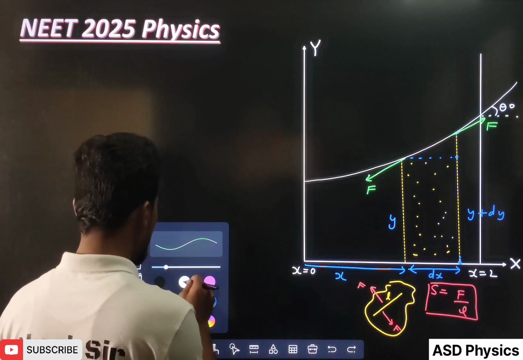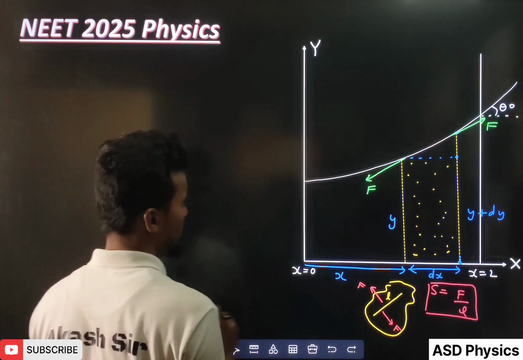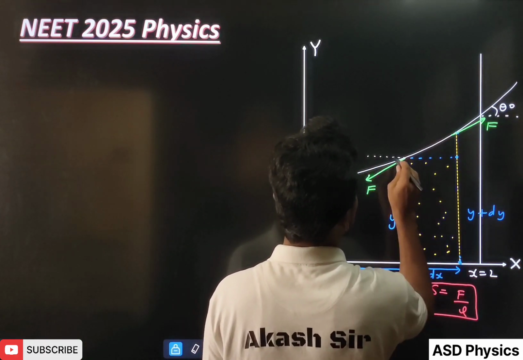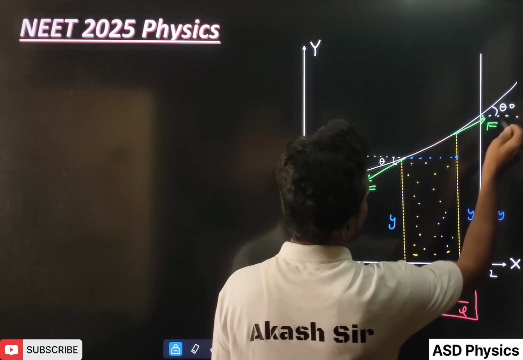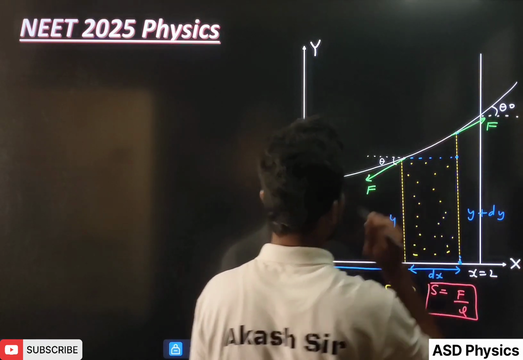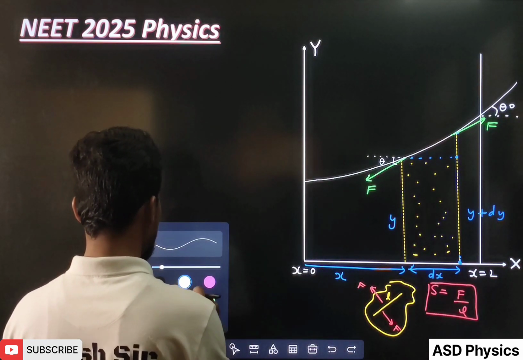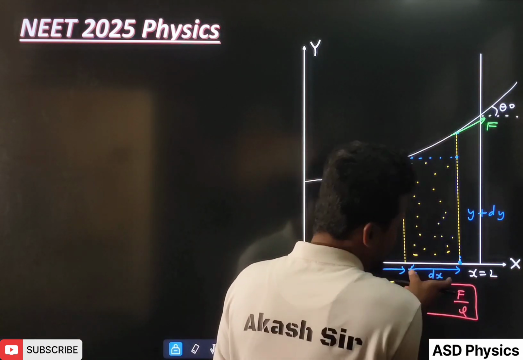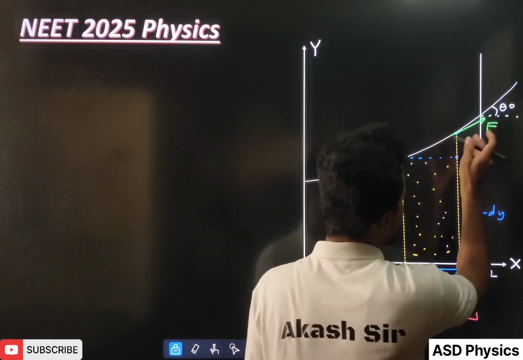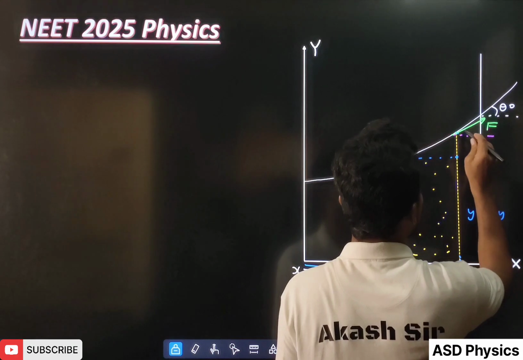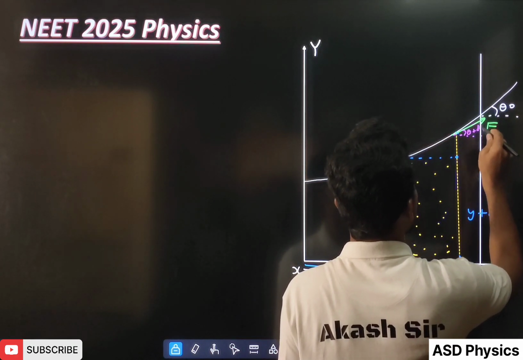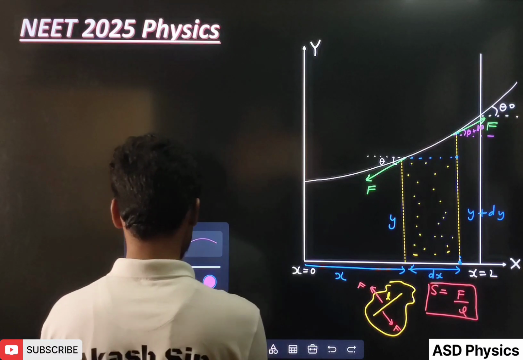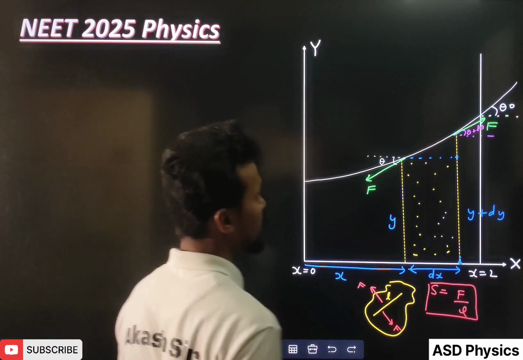Now let's take this angle, theta naught. Here also I have taken theta in the same fashion. This is also a very small dx length, and the curvature is changing, so here I will take theta plus d theta. Here theta, and here theta plus d theta.